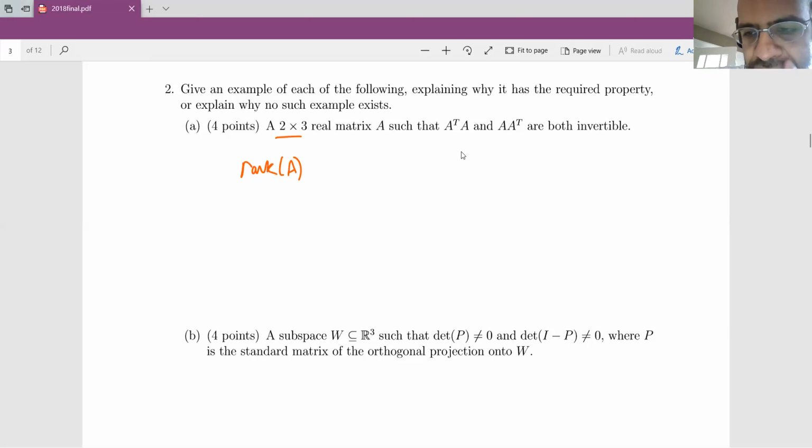Can the rank of A ever be 3? No. Why not? There's only 2 rows. There can only be 2 pivots. So this is at most 2. And now the second fact is, what's the rank of A transpose A? Well, we did this many times in class. It's equal to the rank of A.